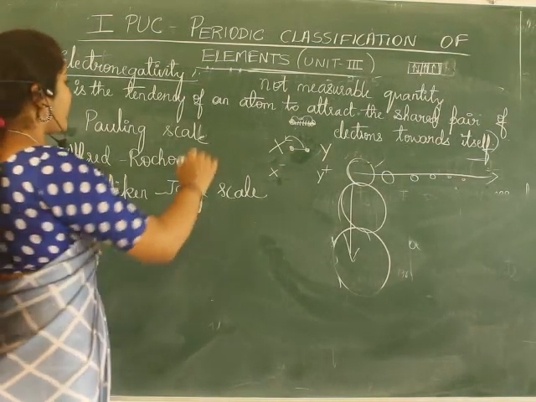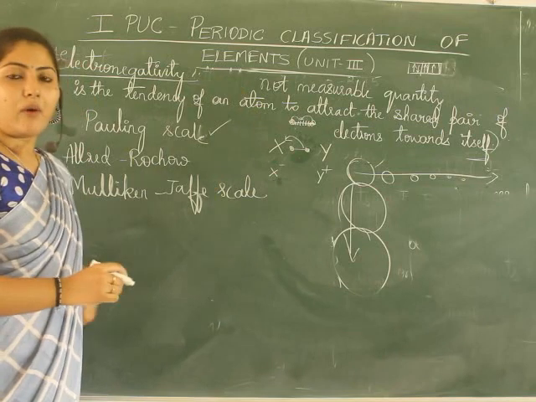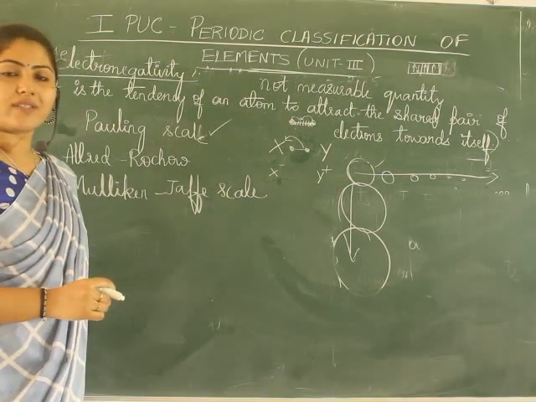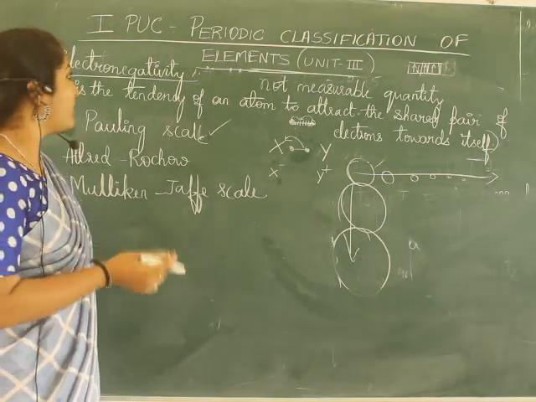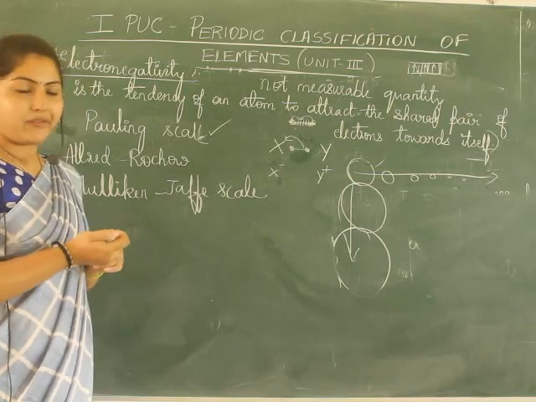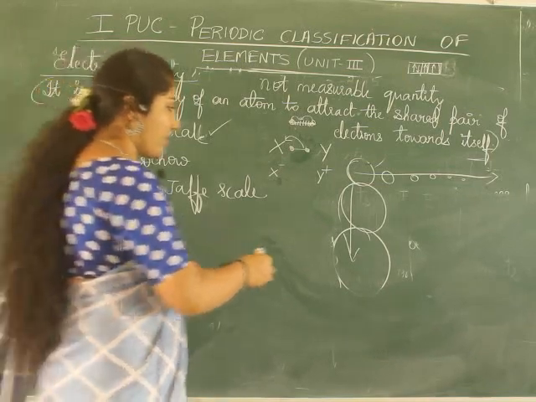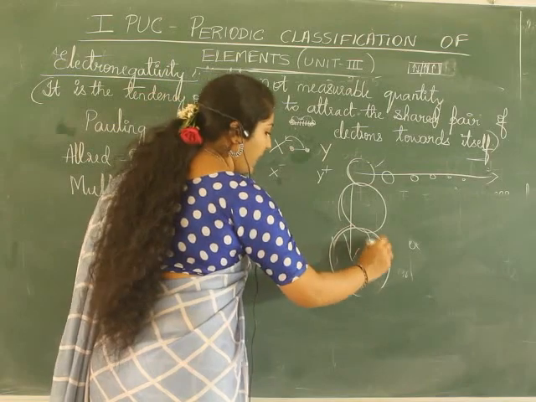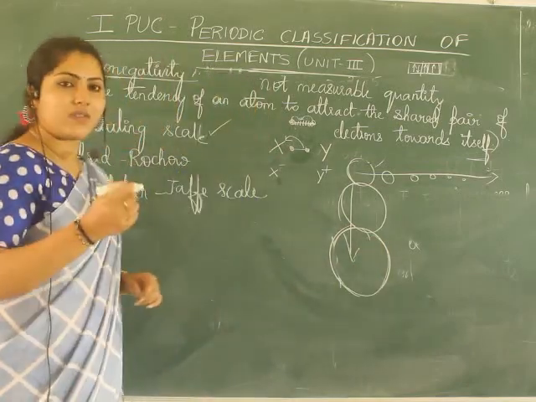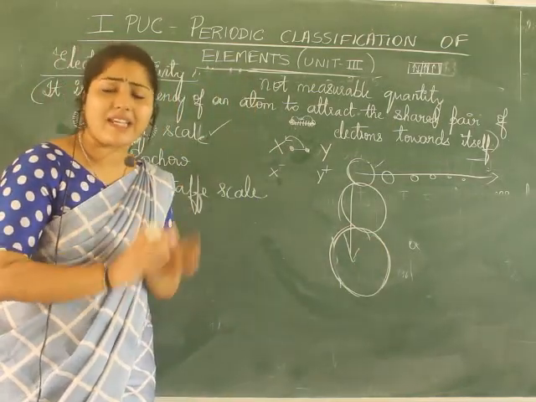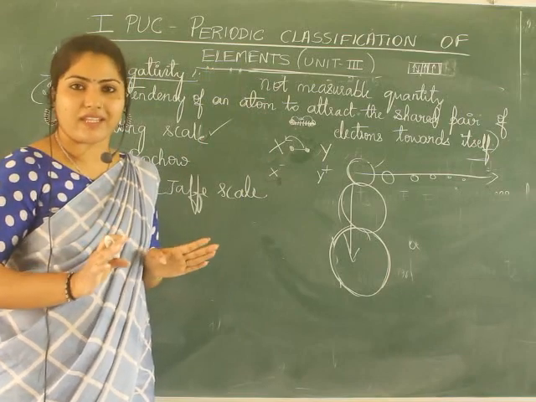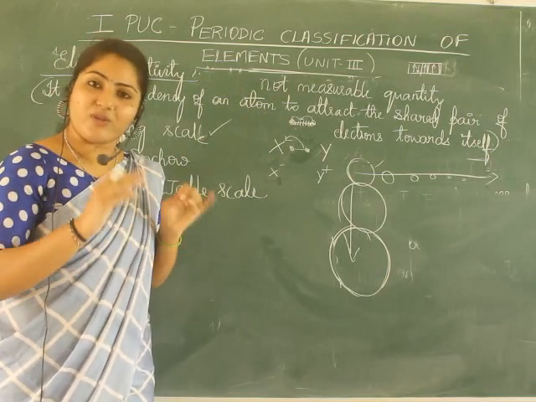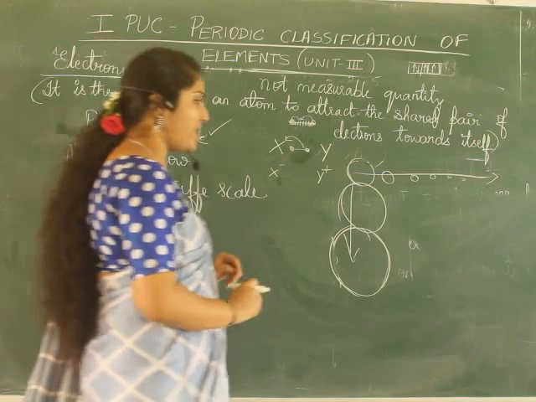The most commonly used scale is the Pauling scale, commonly used for measuring electronegativity, or the tendency. Now let us see how electronegativity varies across the period and down the group. Exactly the same as electron gain enthalpy. Even the reasons are the same. But still, let me tell you.